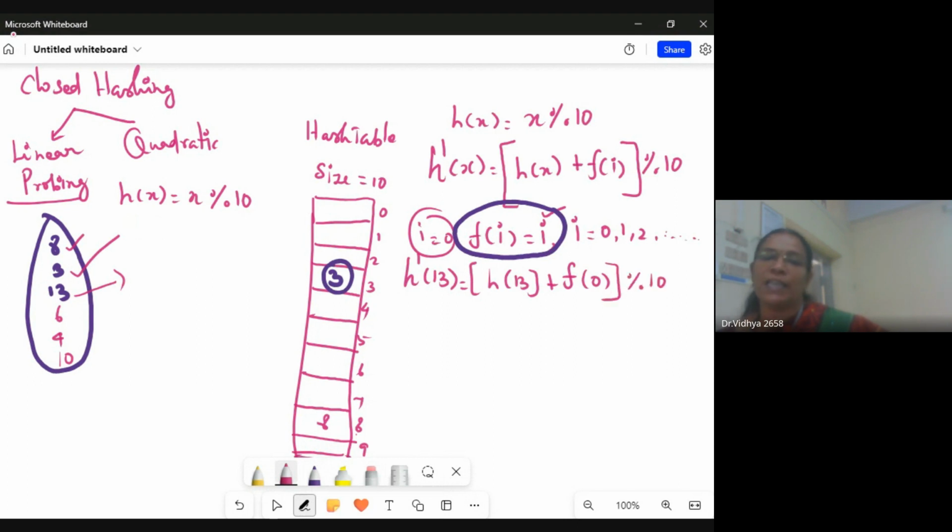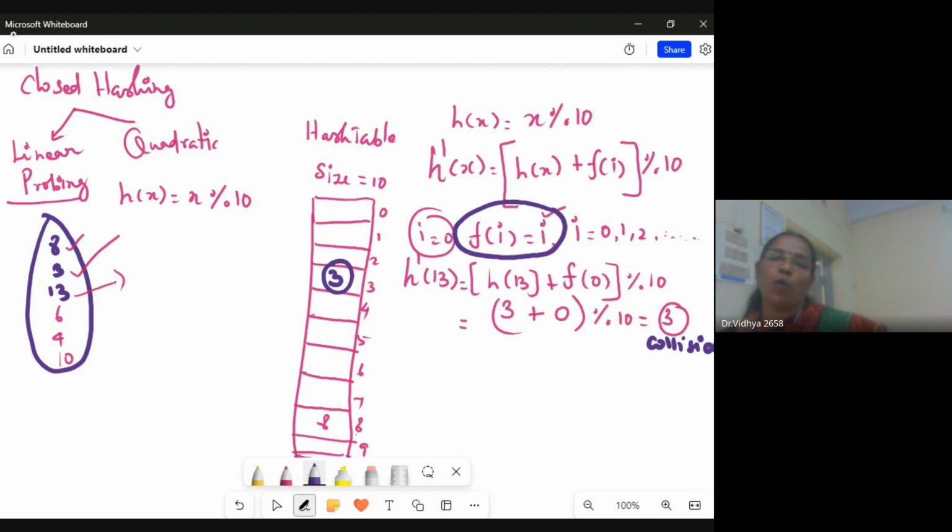So what is the result now? h of x equal to 3. 3 plus f of 0, which is 0, gives 3 modulo division 10. Again it is giving the space as 3. So again we are facing the problem of collision.